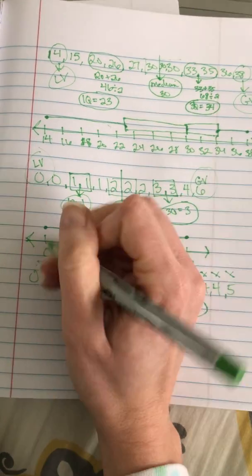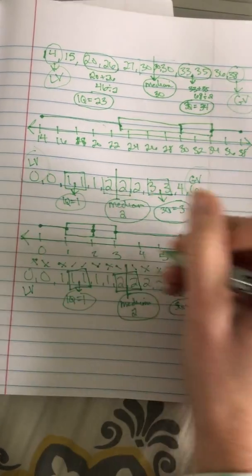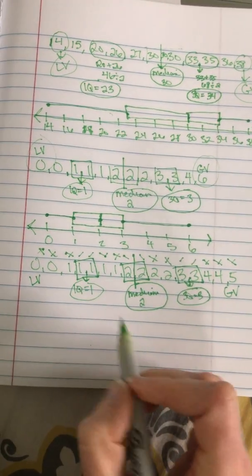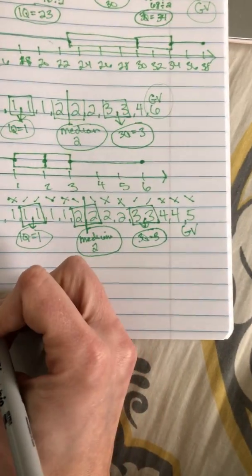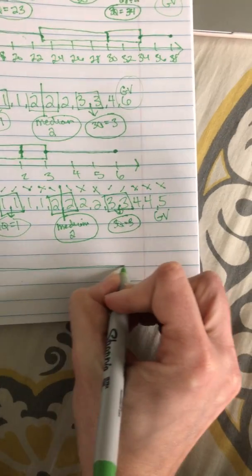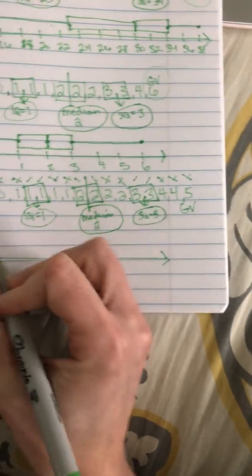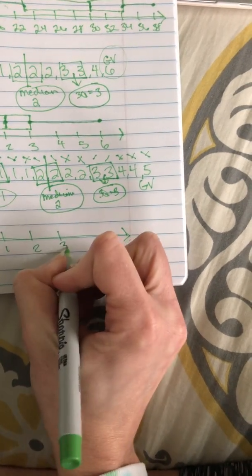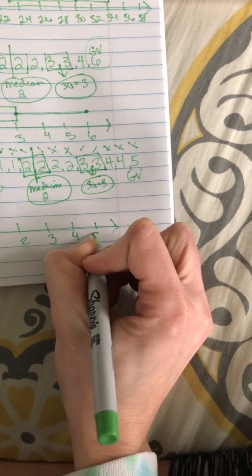We just need least value and greatest value. And then we can make our number line. It only goes from 0 to 5, so definitely just going to count by 1s here. So 0, 1, 2, 3, 4, 5.